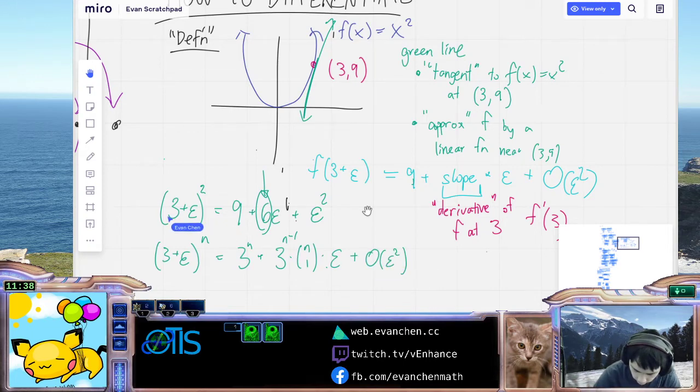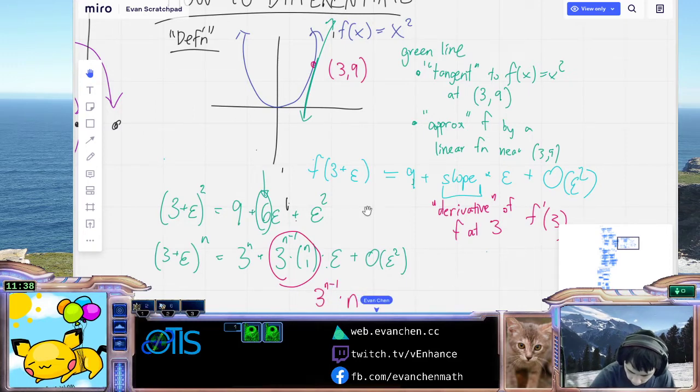So if I had replaced x squared with x to the n, the slope would now be 3 to the n minus 1 times n. Here the slope is just the special case, 3 times 2.